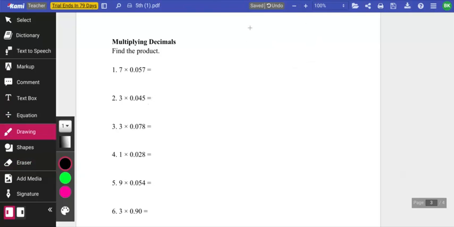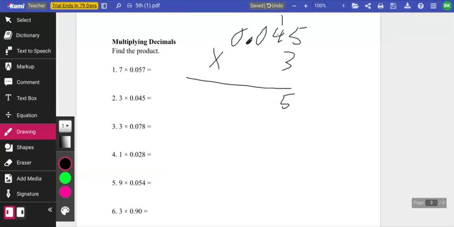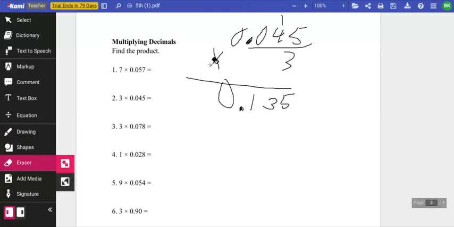Moving on to number 2, we have 0.045 times 3. We have 15, 12, 13, 1. 3 decimal places also. So the answer for number 2 is 0.135.